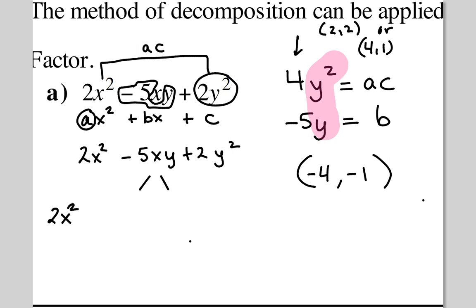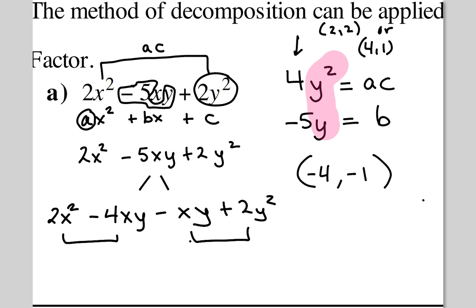That minus 5 is going to become a minus 4xy and a minus 1xy. Now I can jump into these pairs. What's coming out of that first pair? 2x. You get x minus 2y.